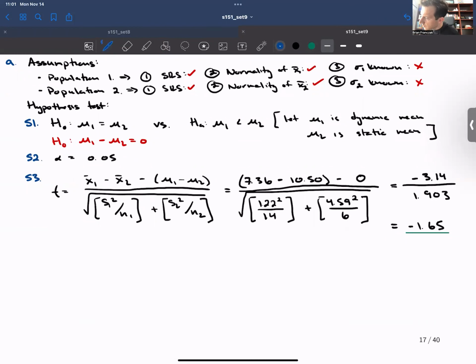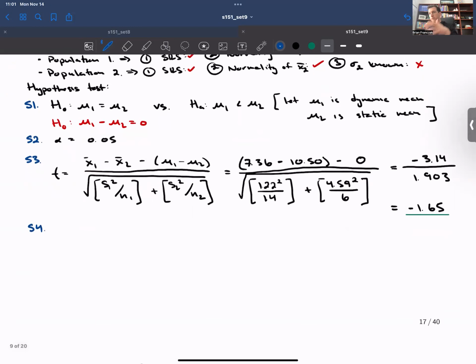Okay, now we have to determine if this test statistic is giving us evidence for or against the null hypothesis. So there are 2 ways that we can do that. We can take the critical value approach, or we can take the p-value approach. Now, we've seen lots of examples of this, and even in the context of this test, the way that we perform this step does not change.